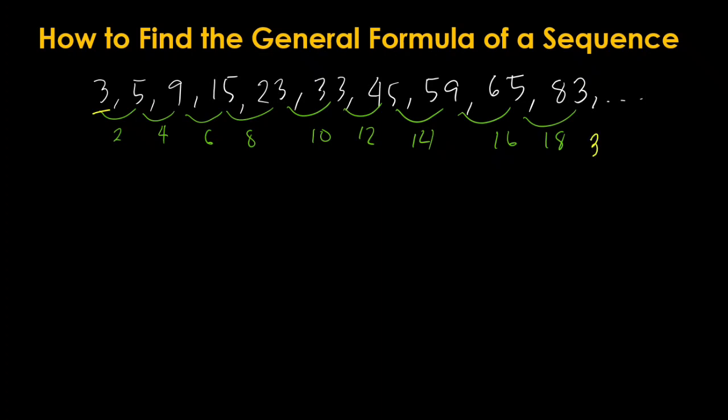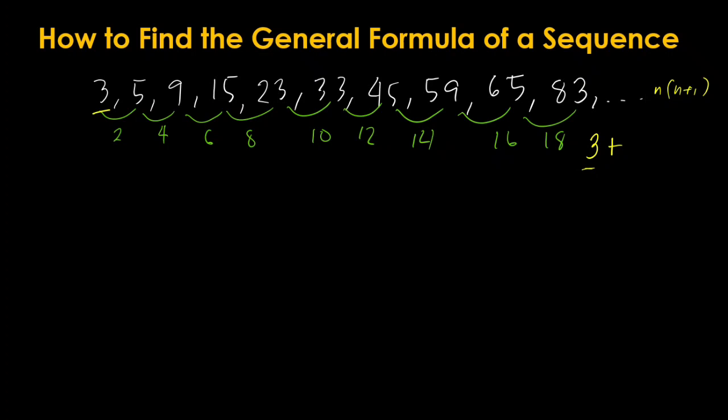Now, the formula for finding this type of sequence will be, we get the first term, which is 3, plus, for the even numbers, if you take the cumulative sum of these terms, we have n times n plus 1. But since we need to start from 3, we need the first term to start at 0 when n is 1, so we have to subtract 1 here.